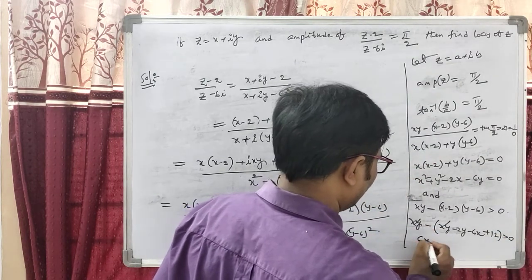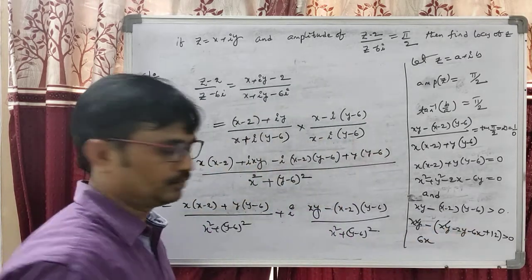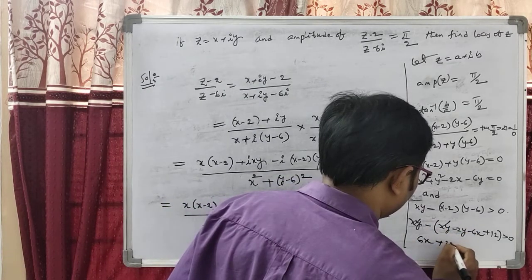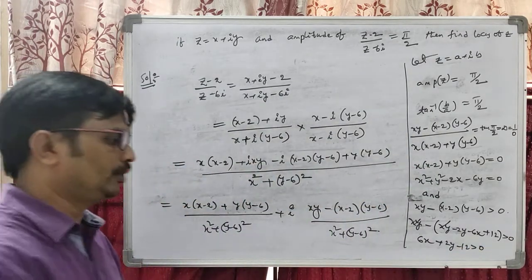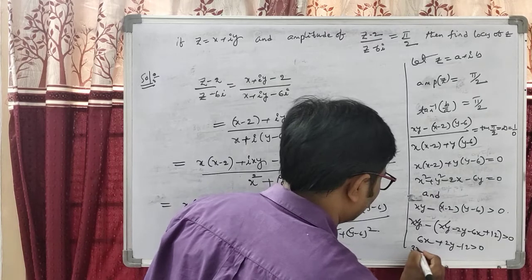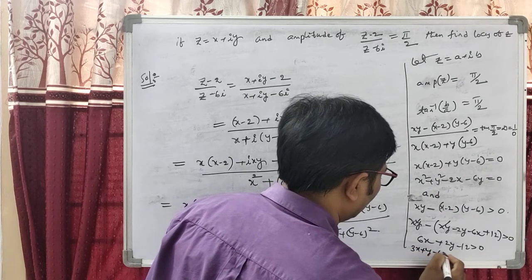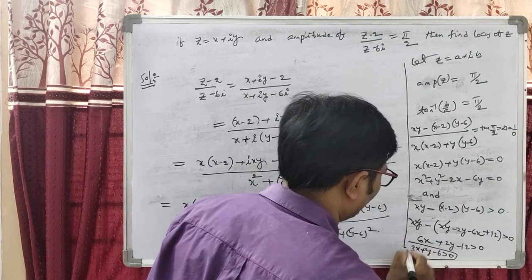This is plus 6x plus 2y minus 12 greater than 0. Now divided by 2, this is 3x plus y minus 6 greater than 0.